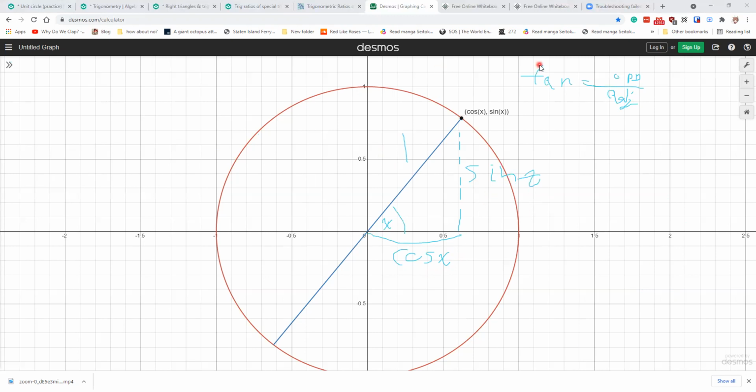Therefore, tan of x, or tangent of x, or just tan of x, sorry, tan of x is equal to sine x over cosine x.